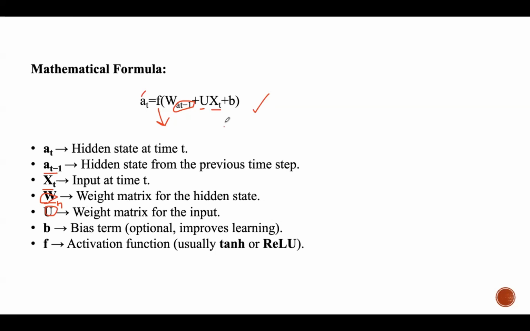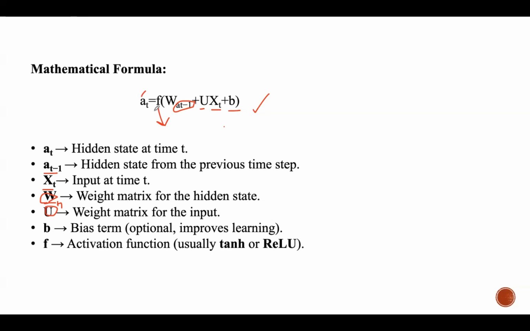Then we have terms like B, the bias. The bias term is added to improve the flexibility of the model and it helps in shifting the activation function as needed. Then f is the activation function, which we just discussed, which introduces non-linearity into the model.